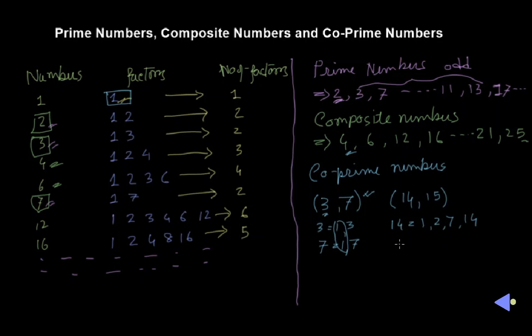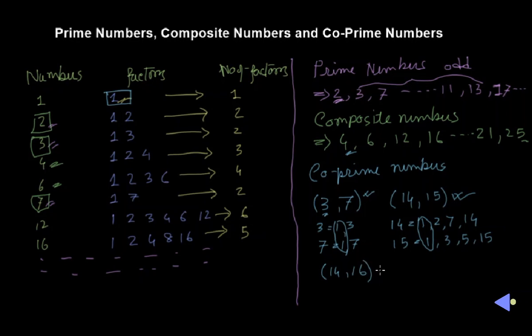There are 4 numbers. Here it is 15: 1, 3, 5 and 15 itself. So 4 numbers. Here only 1 is the common factor, the rest are not matching. So the pair 14 and 15 is also co-prime.